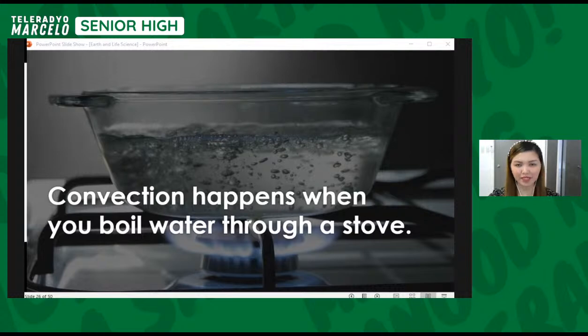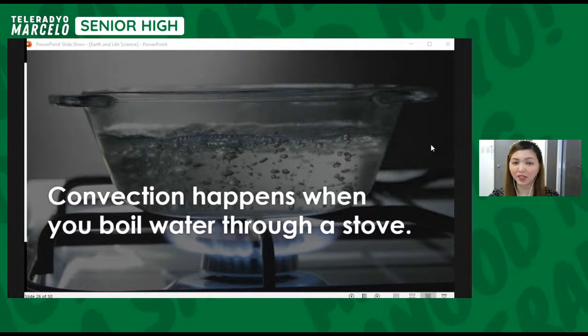This is what happens when you boil water on a stove. The water molecules from the bottom of the pot are the ones to be heated, since the fire is underneath the kettle. The heated water molecules become less dense and move to the top of the pot. And the molecules at the top, which are now colder than the heated molecules, will sink.